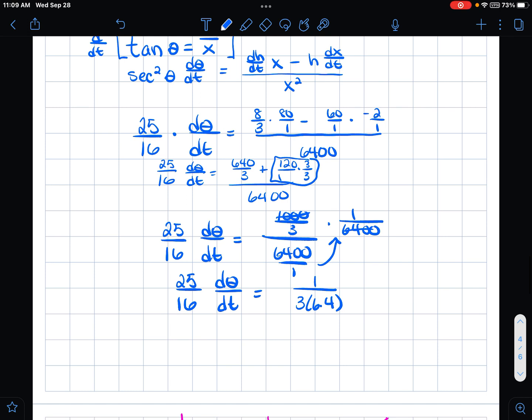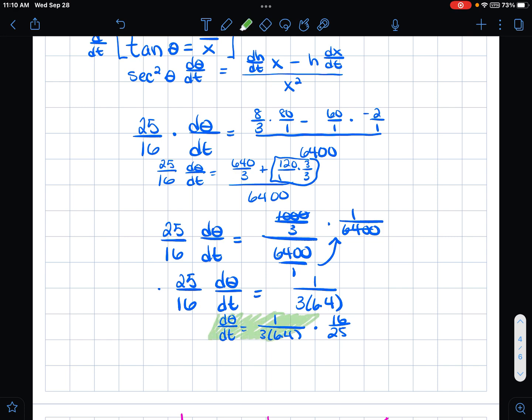Oh, this is getting ugly. Okay, finally, to isolate d theta dt, I'm going to multiply by 16 over 25 on both sides. So this will be 16 over 25. And that's good. We're going to leave it like that. If you had a calculator, you would go further, but if you didn't, we're good. So well done. There it is.